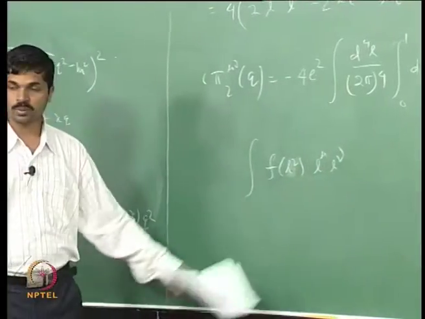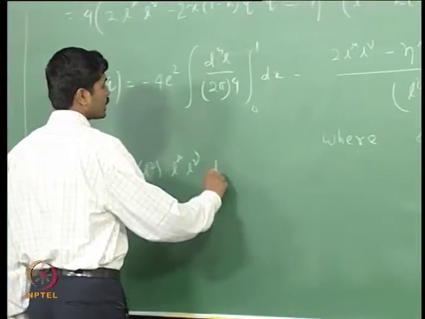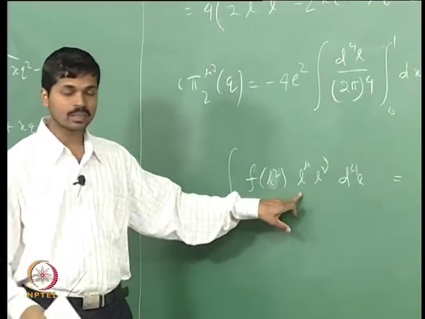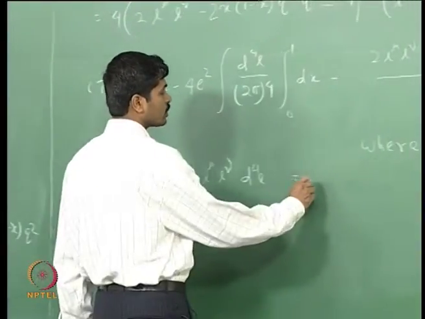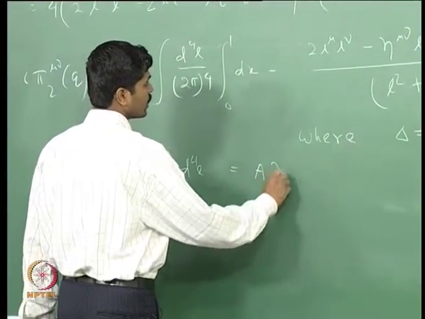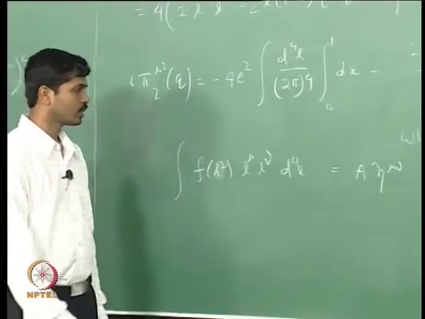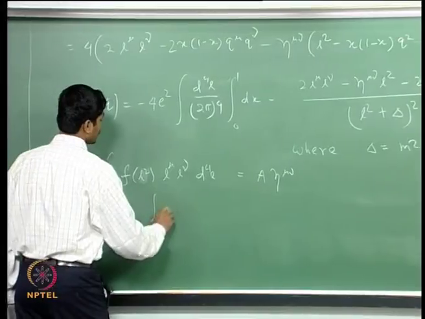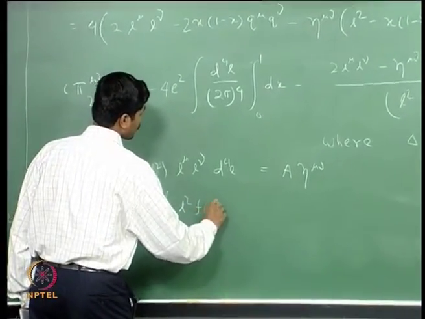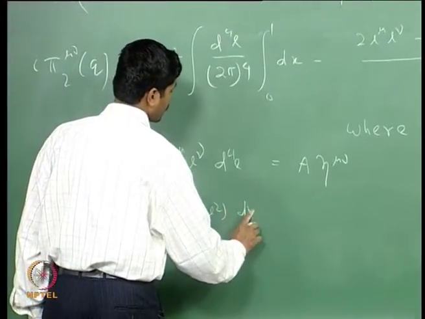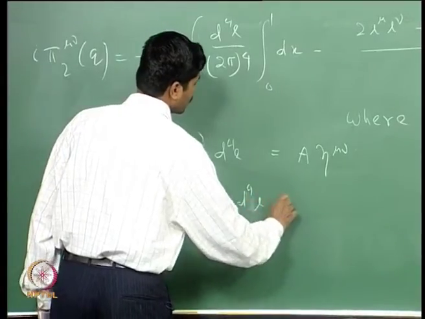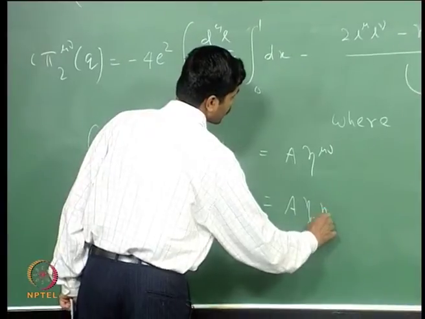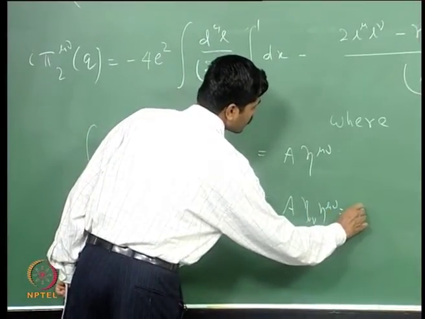When you integrate d4 L at the end, because it is symmetric in L, the only thing that you can get is some quantity times eta mu nu. If you contract this with eta mu nu, what you get here is the integral of L square f of L square d4 L, which is simply a times eta mu nu, which is 4a.